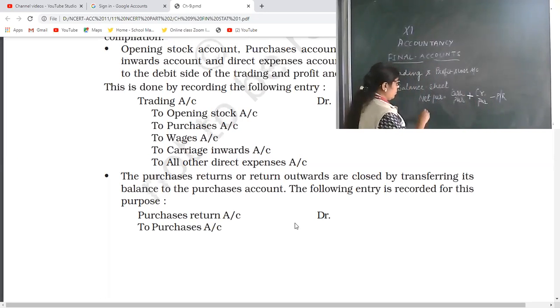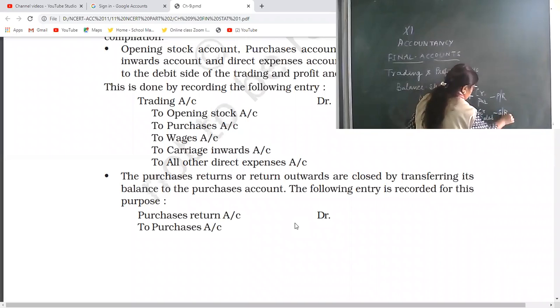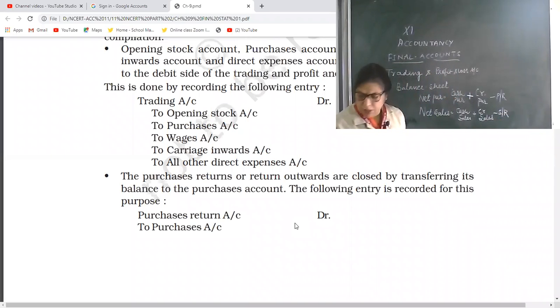Now the opposite, net sales. In the same way, cash sales plus credit sales minus sales return. Got it? So in the books we have to show net purchase and net sales.